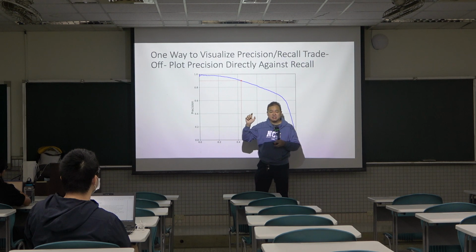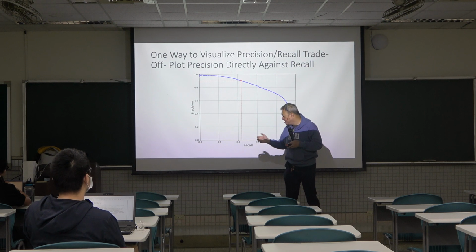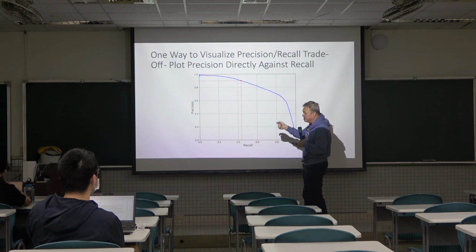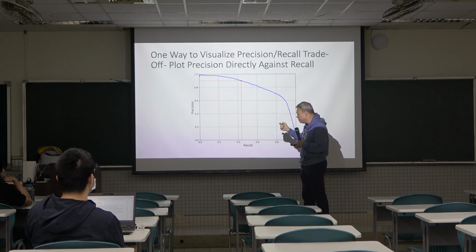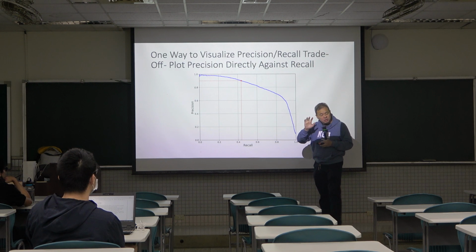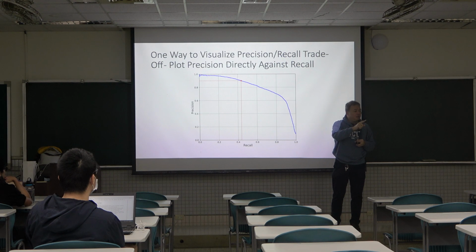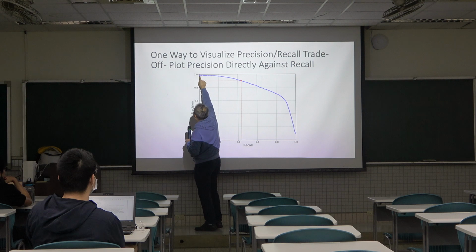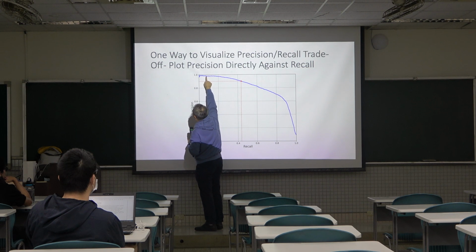Okay, so the higher the recall, the lower the precision. And the higher the precision, the lower the recall. Okay, most of the time. But sometimes you do see this type of glitch. You can see these glitches.